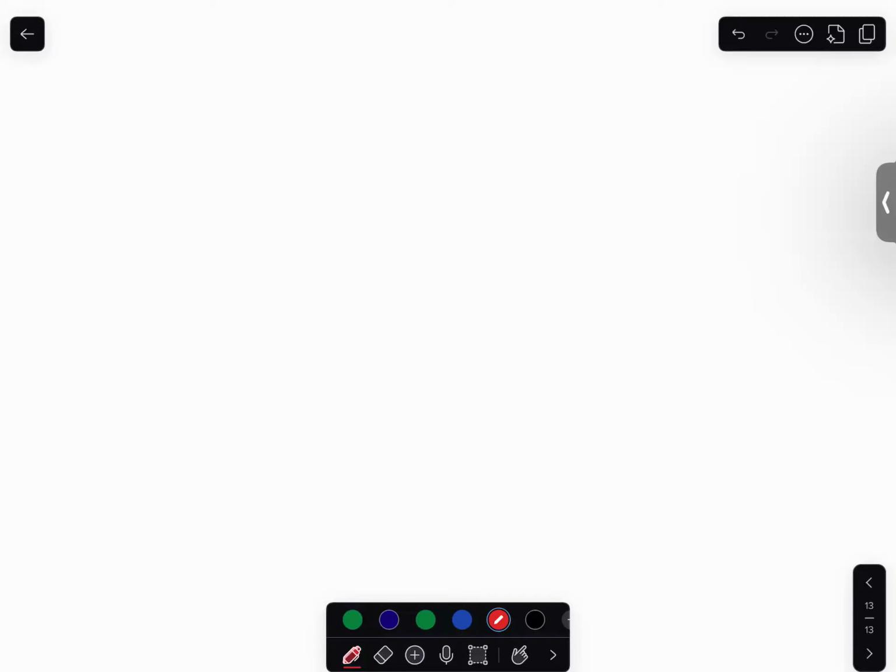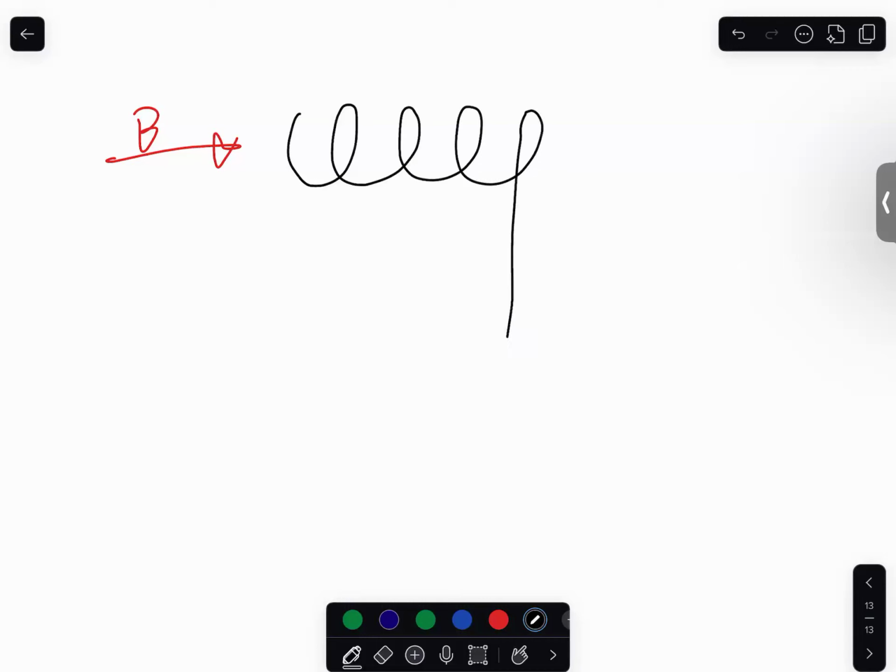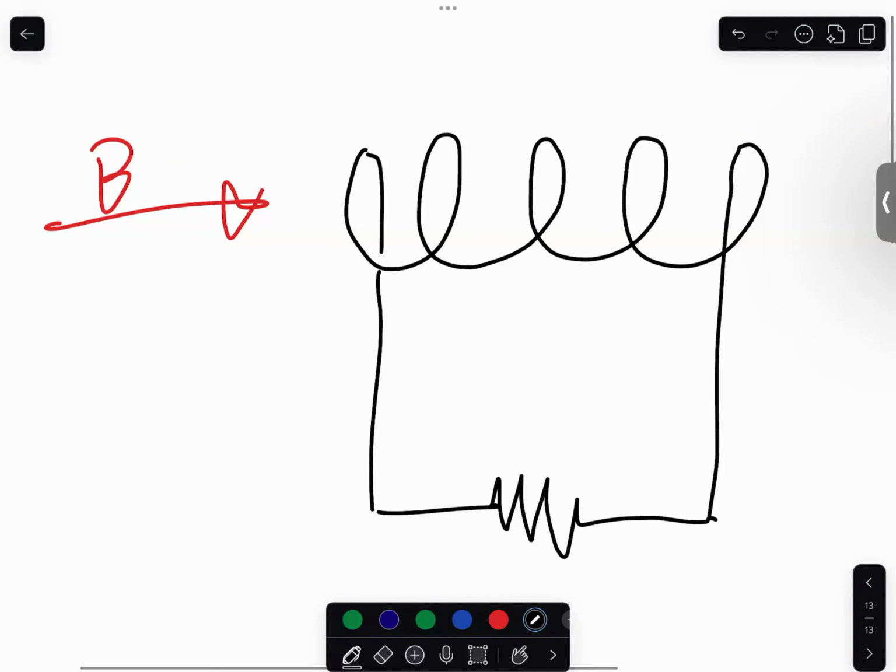Okay, so what do you want to change? Let's have a rightward magnetic field and a loop. So I have a rightward magnetic field, and I've got loops of wire. Look carefully.